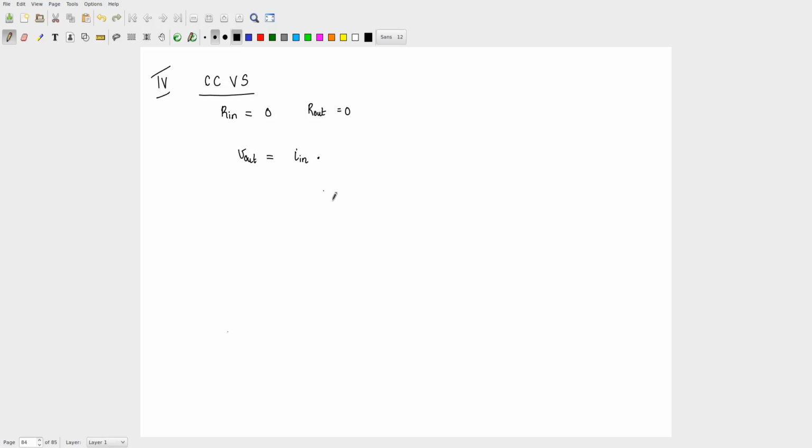So there will be an R here. Let's call that Rx. And what kind of function does this actually represent? It will be a trans what amplifier? Trans impedance.